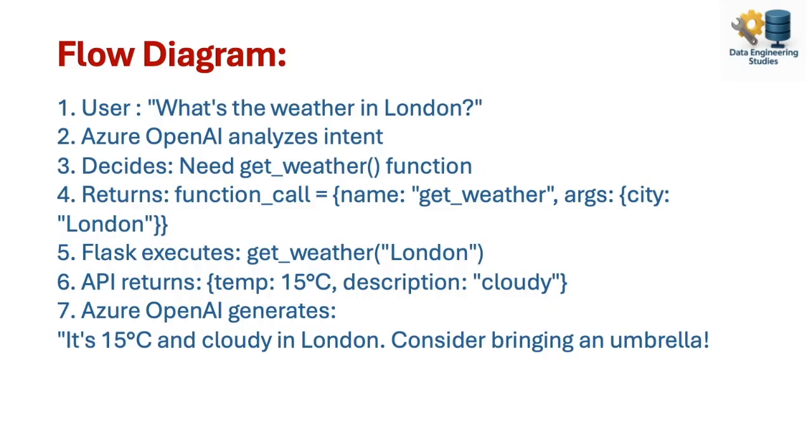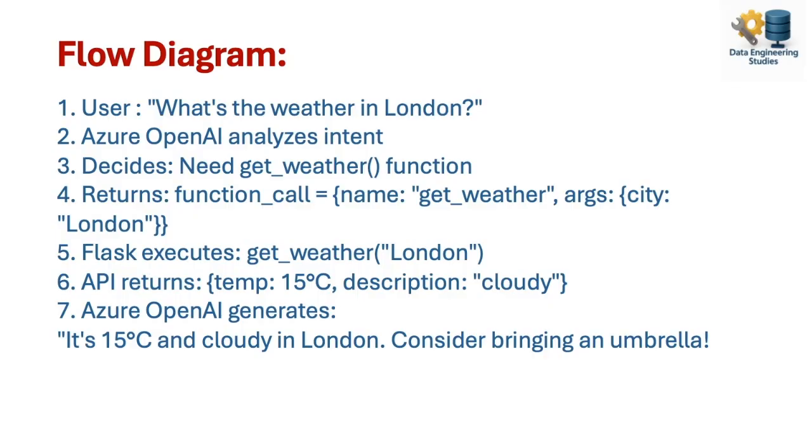This function makes an HTTP request to the OpenWeatherMap API. In step 6, the weather API responds with real data. For example, the temperature is 15 degrees Celsius and the description is cloudy. This is the actual current weather information from London right now.